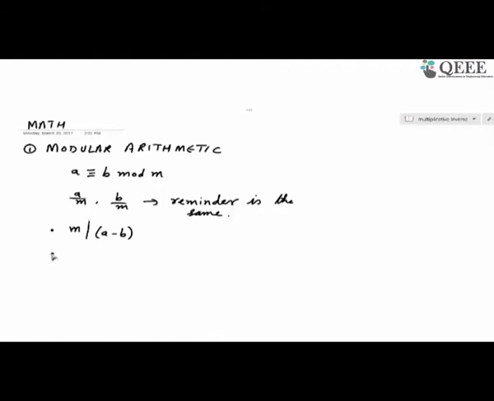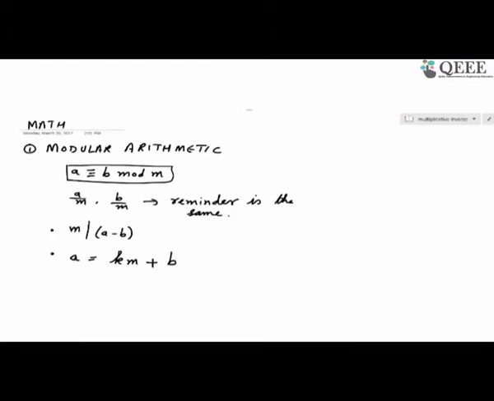Another thing we said was that because of this particular congruence, we can write A equal to some constant times M plus the remainder B. We looked at some examples in the last class.